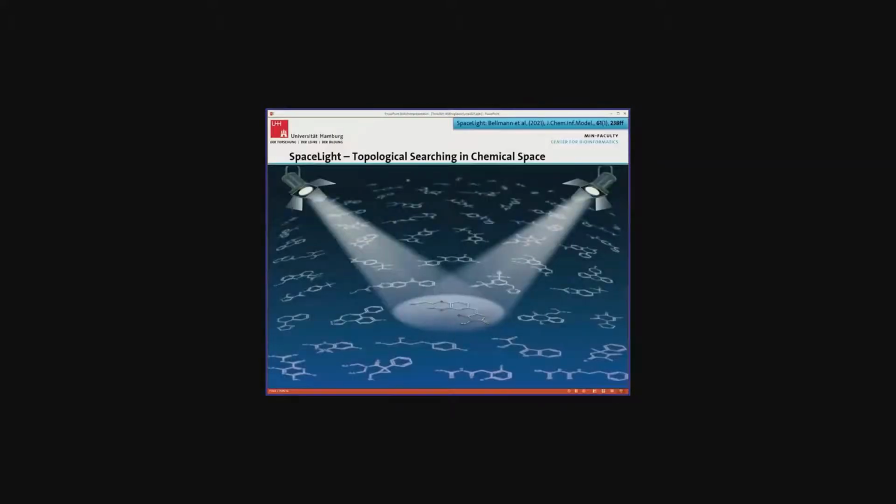Okay, so the approach we use for topological similarity searching is called SpaceLight. Here you see the paper if you want to read the methodology details behind it. The idea behind SpaceLight is as follows. We make a fingerprint-based search, and I'm pretty sure most of you know ECFPs, the Morgan fingerprints or circular fingerprints, which are frequently used to search for molecular similarity.